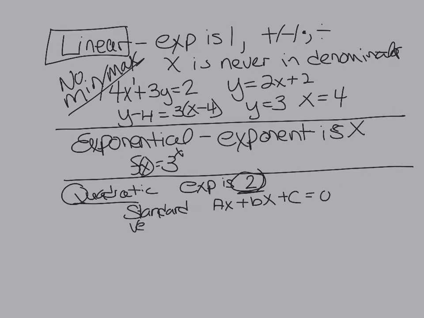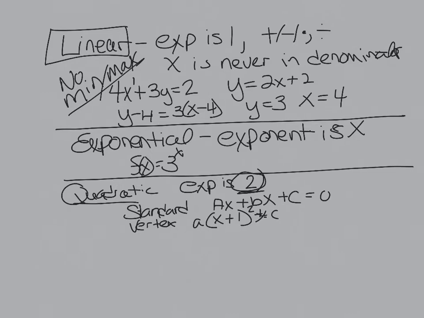And then we have vertex form, which is a times x plus 1, and then you can have plus or minus, this is squared, plus or minus a number, okay?